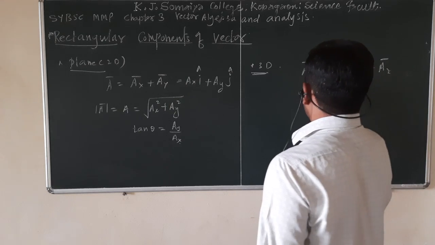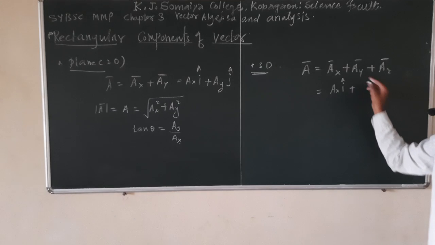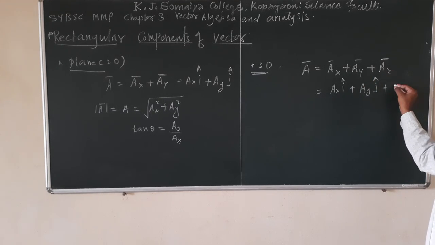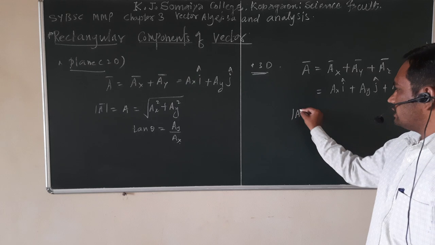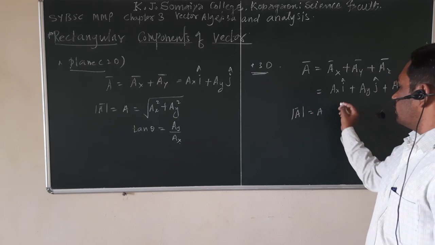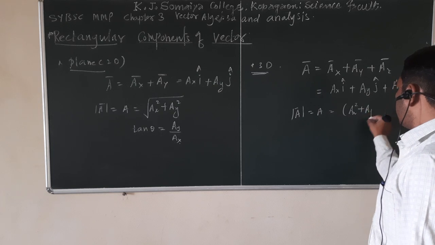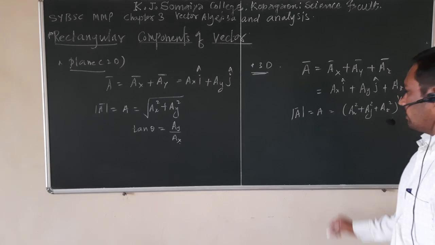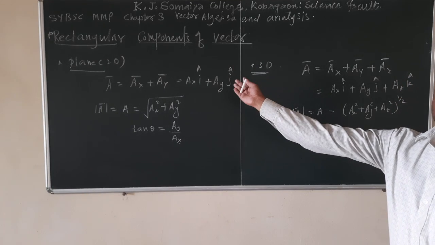The x component can be written as Ax i cap, the y component as Ay j cap, and the z component as Az k cap. The magnitude of this vector, which is its length, is the square root of Ax squared plus Ay squared plus Az squared. Again, the inclination may be different for different axes.